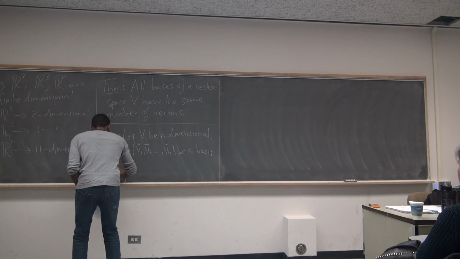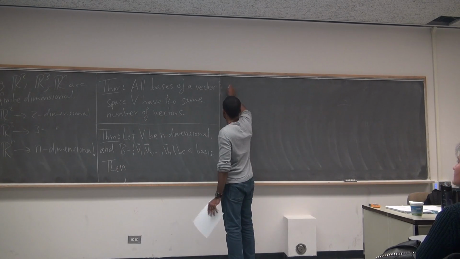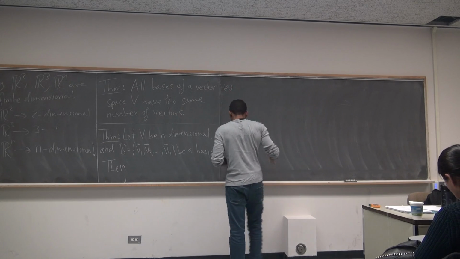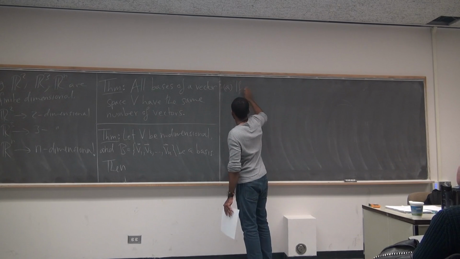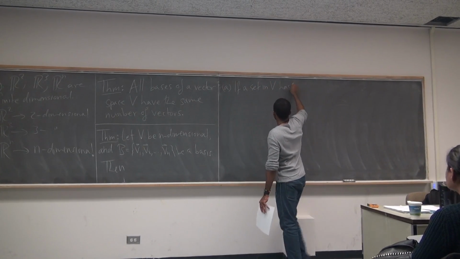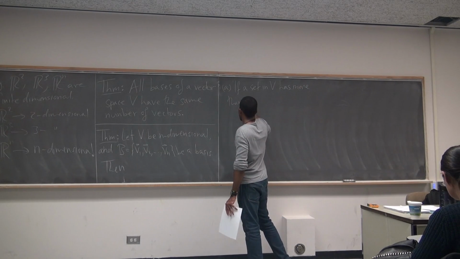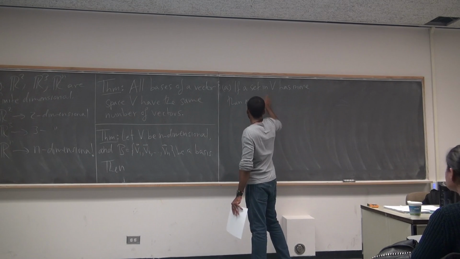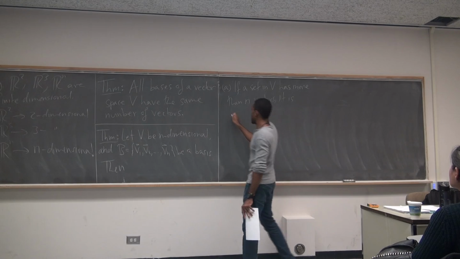Then A: if a set in V has more than n vectors, it is dependent.